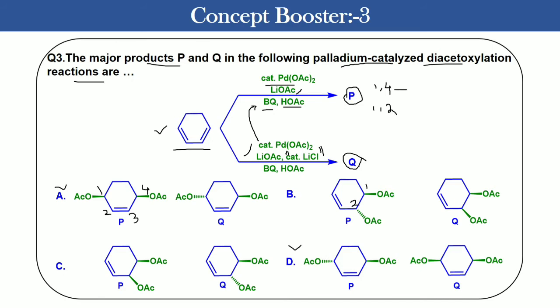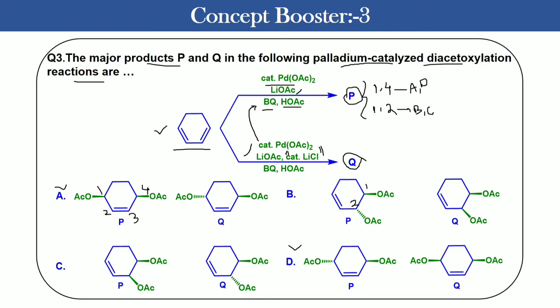Option A and option D fall into the category of 1,4 diacetoxylation, and option B and option C fall into the category of 1,2 diacetoxylation.